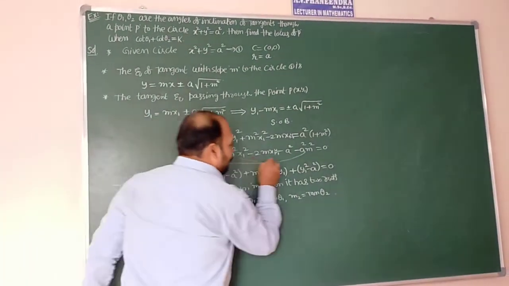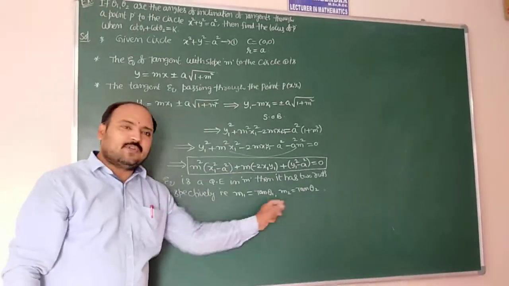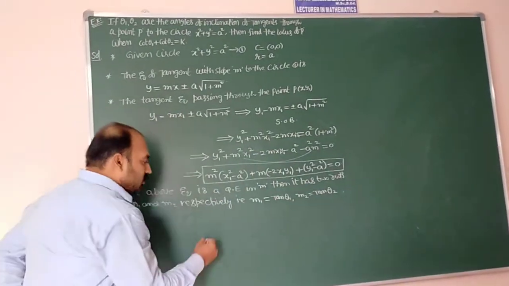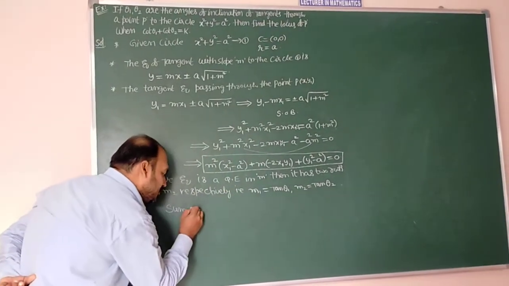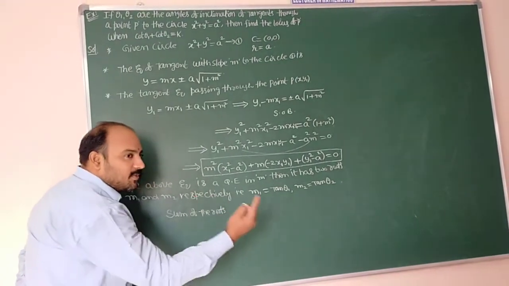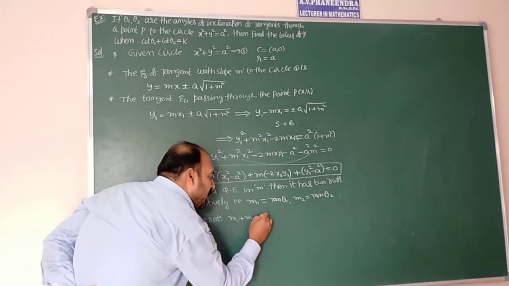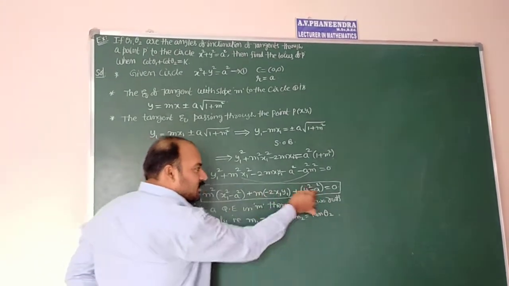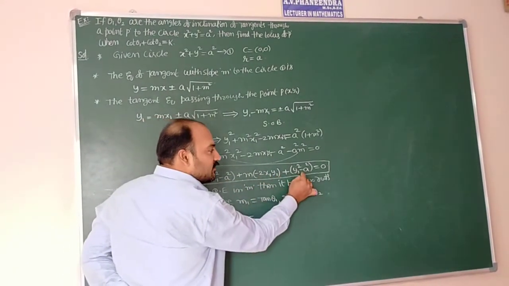After completing this step, it is a quadratic equation. It has two roots m1 and m2 respectively, as we discussed. Next, the sum of the slopes and the product of the slopes. We know that in a quadratic equation the sum of the roots, alpha plus beta, here alpha is m1, beta is m2, m1 plus m2 is equal to minus B by A. When you compare with Ax square plus Bx plus C, the A value is x1 square minus a square, the B value is minus 2x1 y1, and the C value is y1 square minus a square.